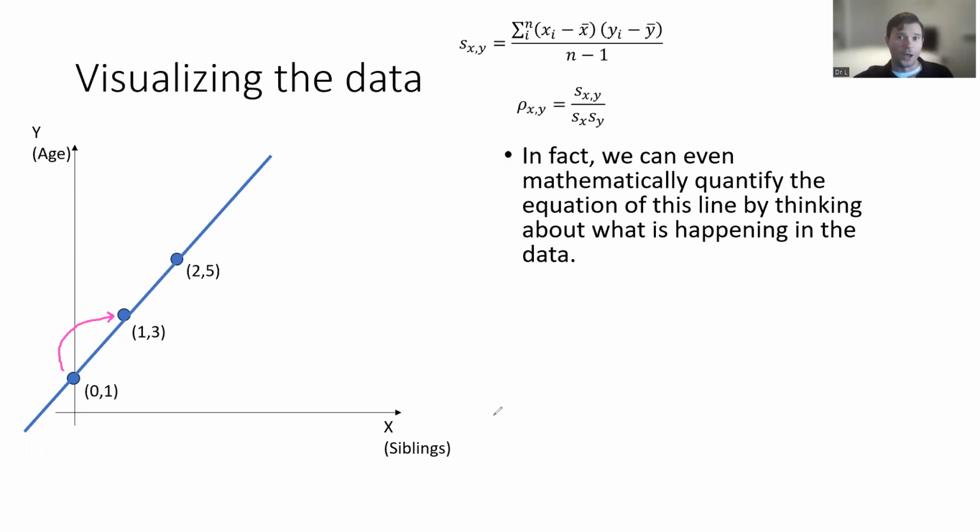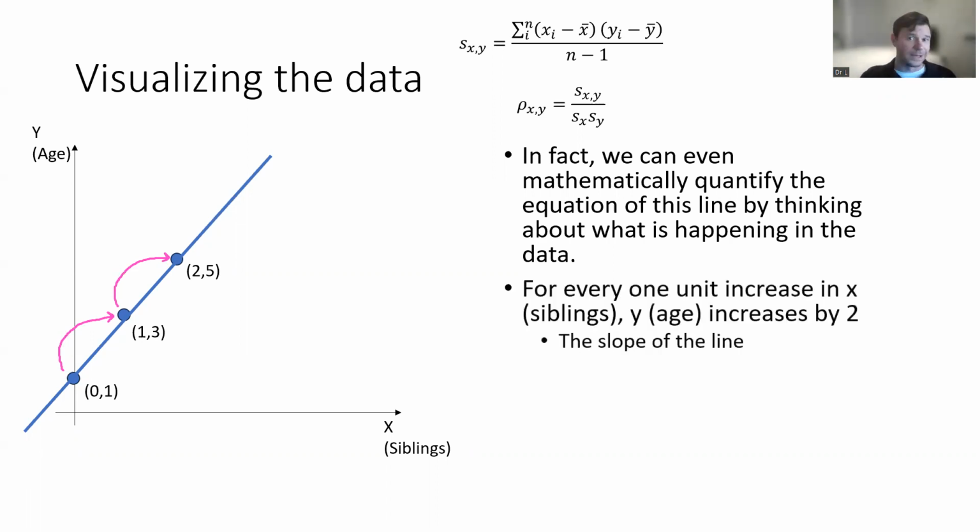So your delta Y over delta X, delta Y is 2, delta X is 1. That's the same thing that happens when we go from the second observation to the third observation. Siblings goes up by 1, years of age goes up by 2. So for every 1 unit increase in X, we're getting a 2-unit increase in Y.